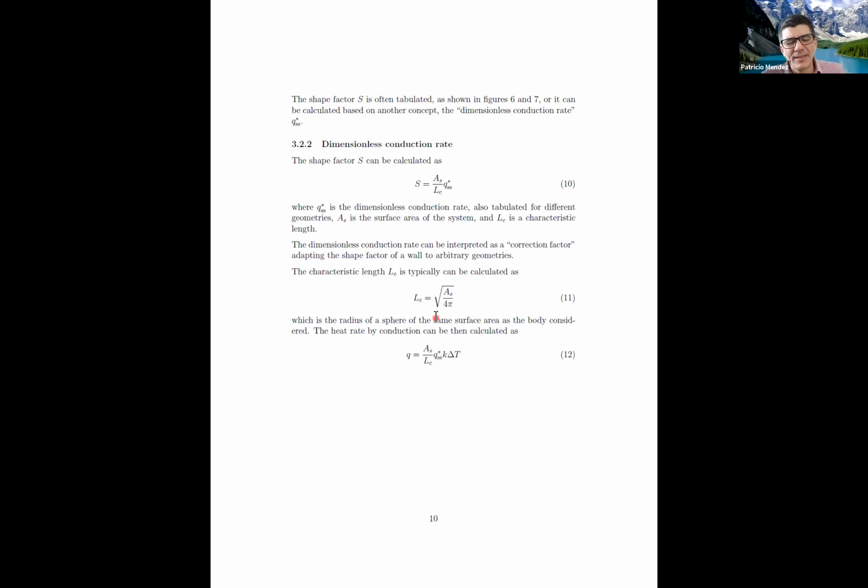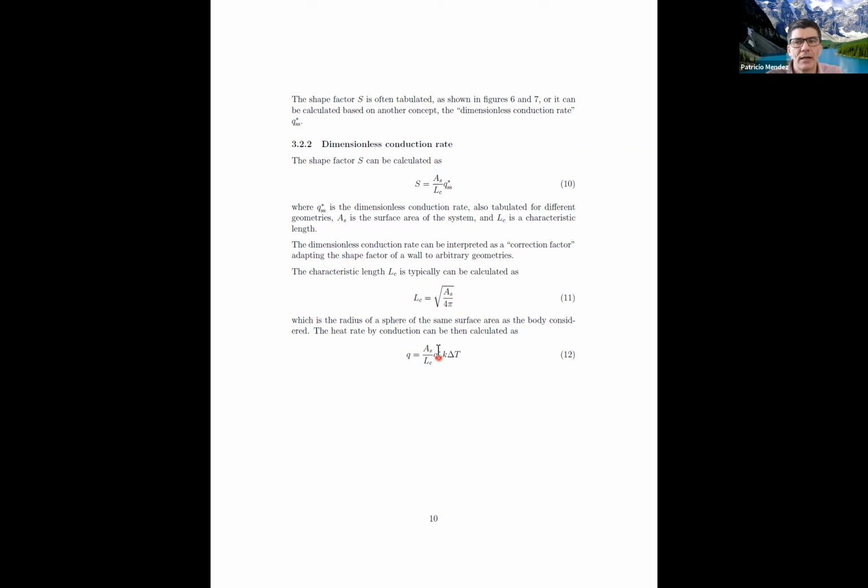So to some extent, this characteristic length is some way of turning everything else we know into some sort of sphere, right? It's like a sphere equivalent. But from the practical point of view of implementation, it's just a formula where we plug in. It has a meaning: for a sphere, this becomes the radius.